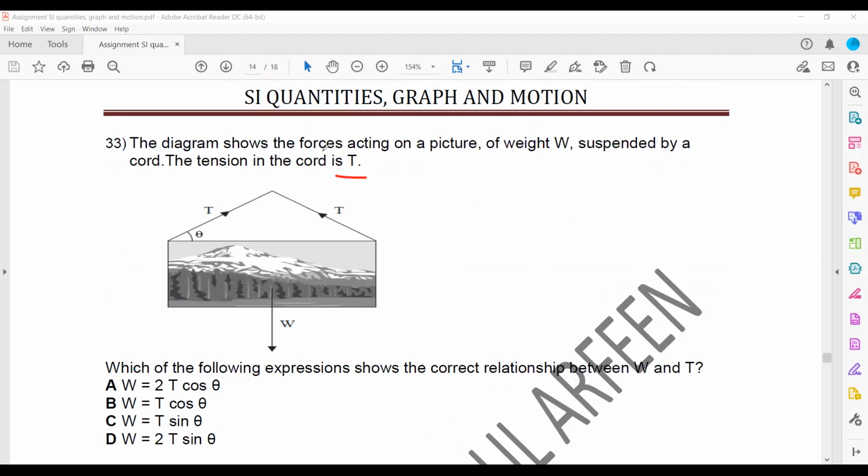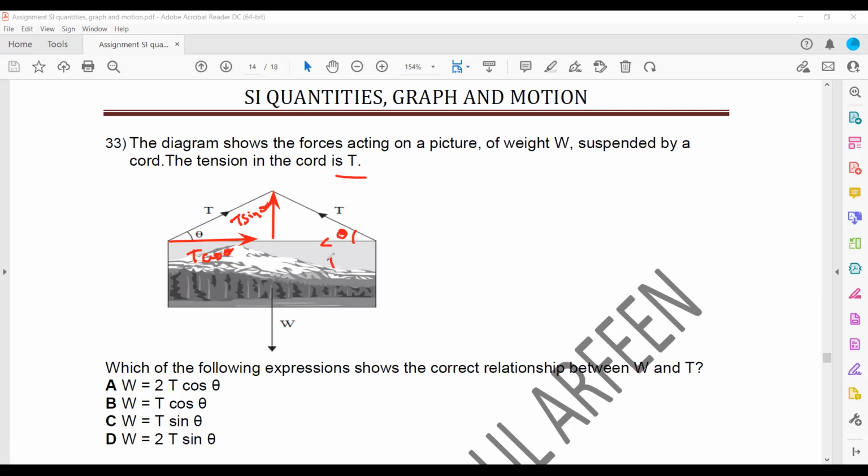Now, whenever we have a vector, we resolve the vector into components. The component of a vector which is with the angle is called T cos theta, because it's a breaking down of a vector into components. And the component of the vector which is against the angle is T sin theta. So T sin theta is acting up. Same thing, this angle is also theta.